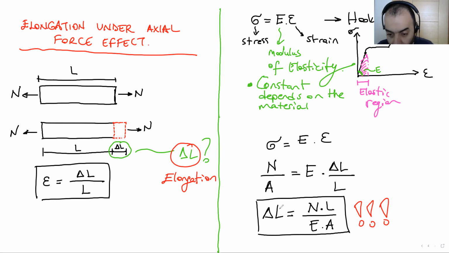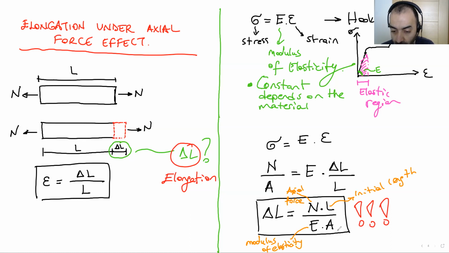So N in this equation is the axial force, right? Let's write all these unknowns again. N is axial force. L is the initial length of the member. E is the modulus of elasticity.